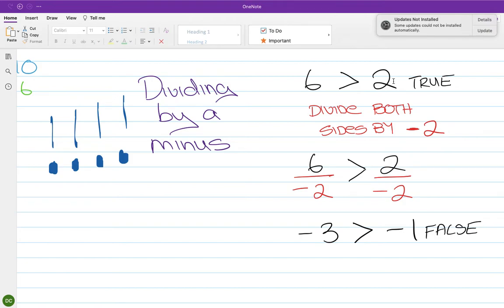So when you take an inequality and divide it by a negative number, in order to ensure that it stays true, you have to swap the inequality.